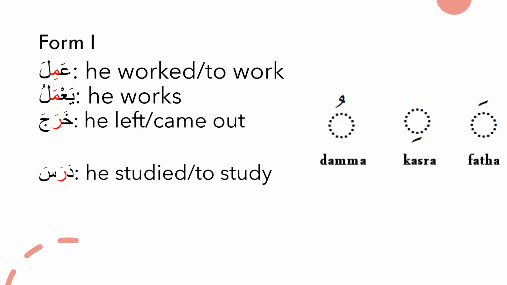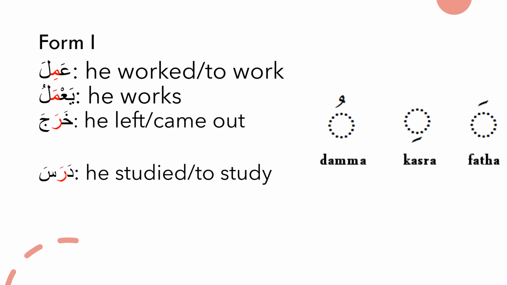And then we have to also learn how that changes in the present tense. So for example, we have amila past tense, and then ya'amalu, so we've got sukoon, but then this kasra has changed to a fatha. Then we just have to learn that. So when we make a note of our new vocabulary in our vocab book or online, or whatever we do to learn Arabic, we have to make a note of how that vowel sound changes.